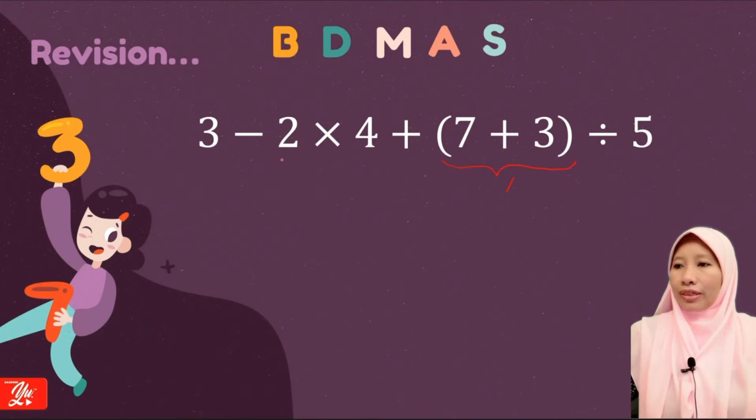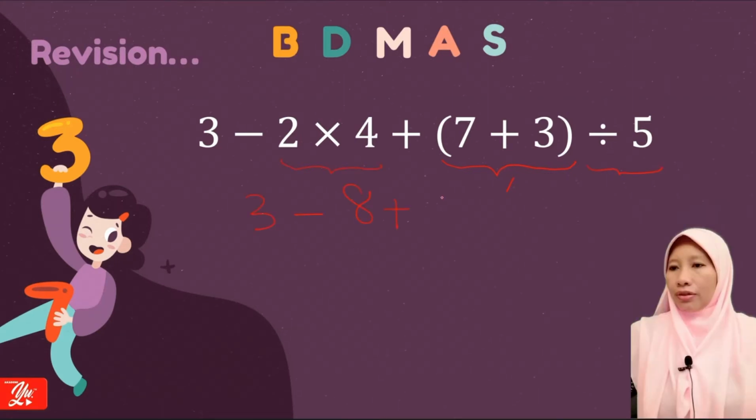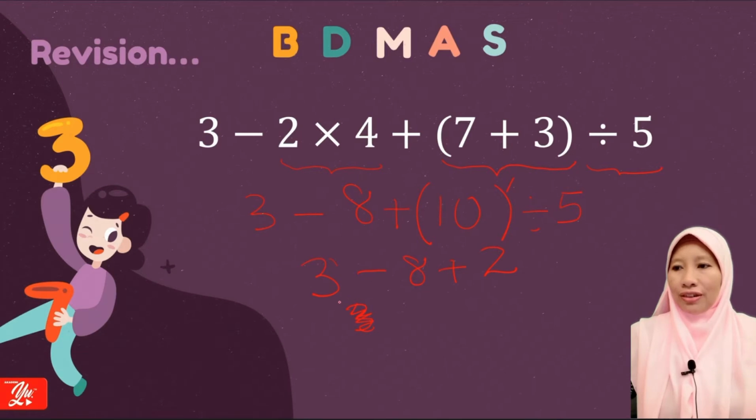Then 3 minus 2 times 4 is 8 plus, we cannot add 10 because we have divide here, therefore we have to solve the division first. 10 divide 5 is 2, and 3 minus 8 is negative 5 plus 2, so we get the final answer negative 3.